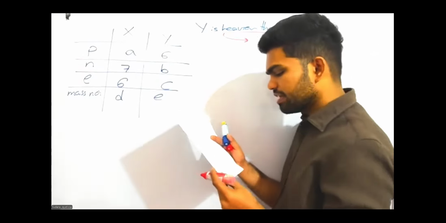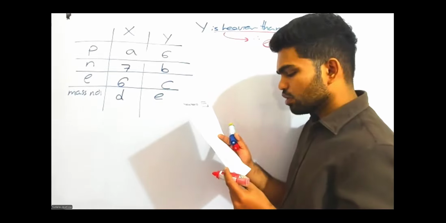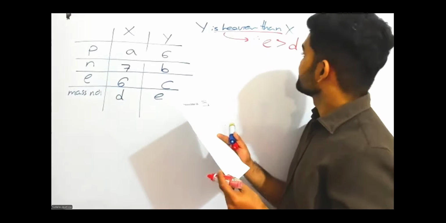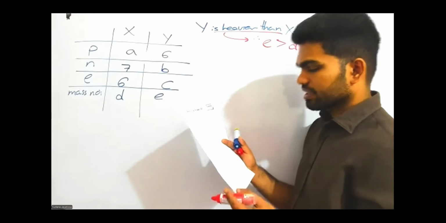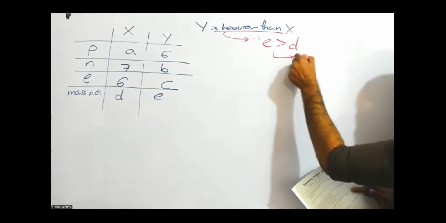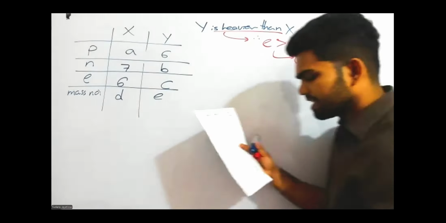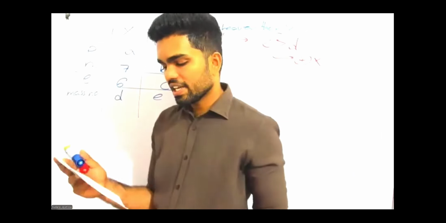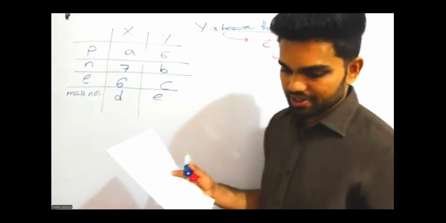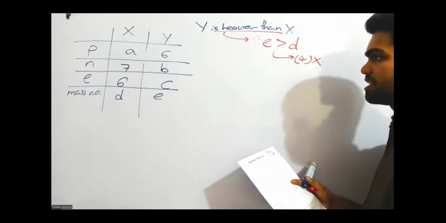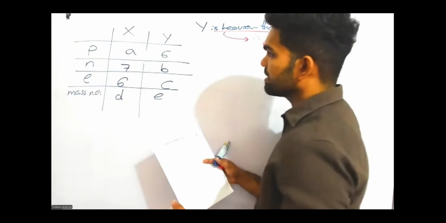If any of them has E with a lower value than D, it's wrong. Therefore, the fourth answer is wrong. The fourth answer is telling D as 14, E as 13. It can't happen. Right? So very simple. Then check this one.